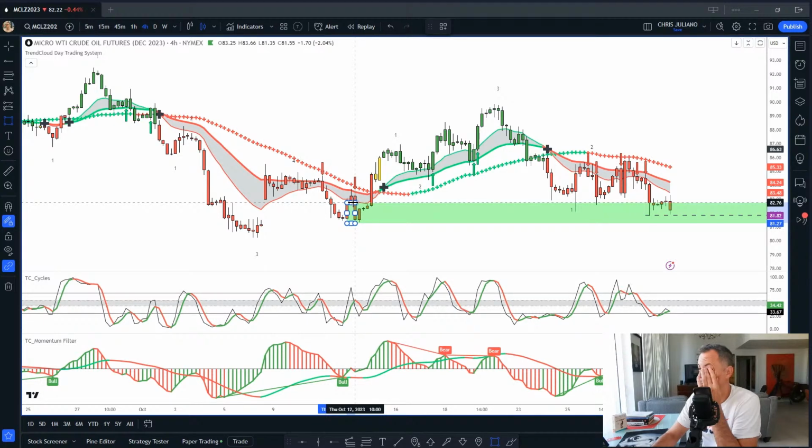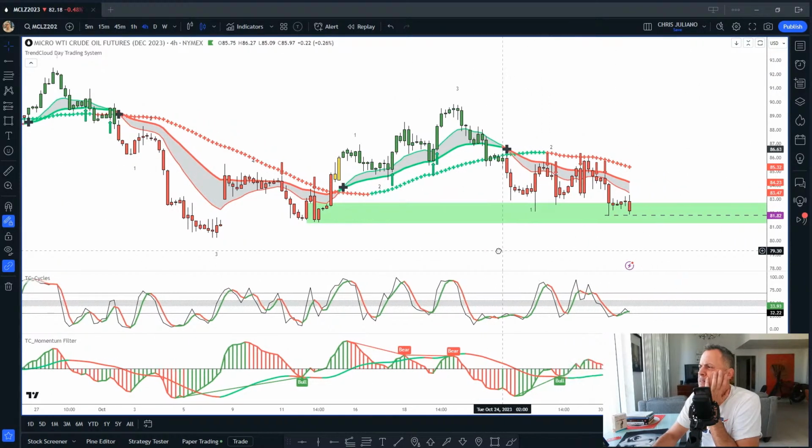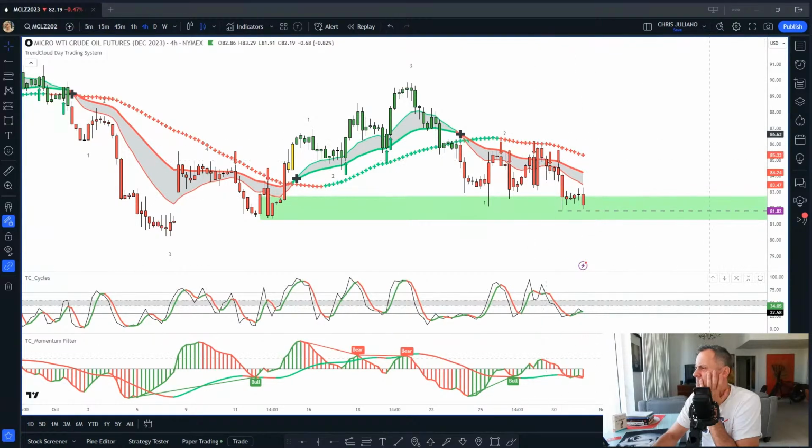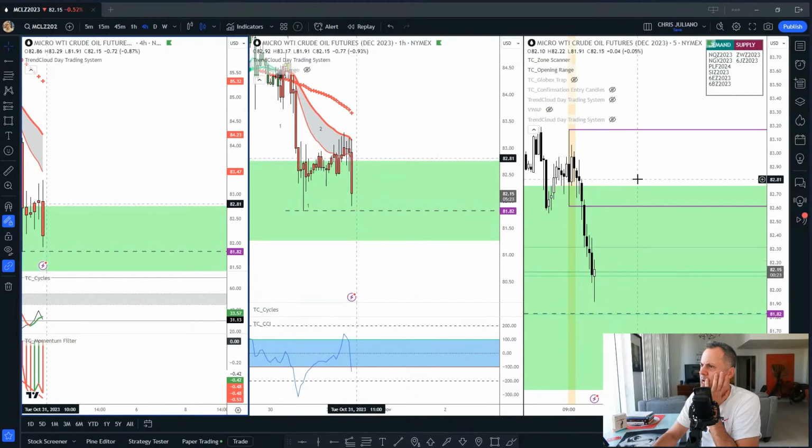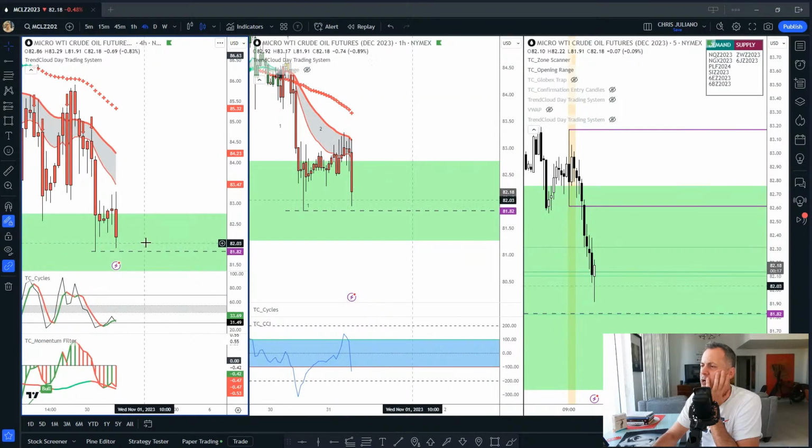We're in that high time frame demand zone. It's been in there for a while. But it is a downtrend, and momentum is with us to the downside. So you've got the green light. We're real low on the curve, low into that area.